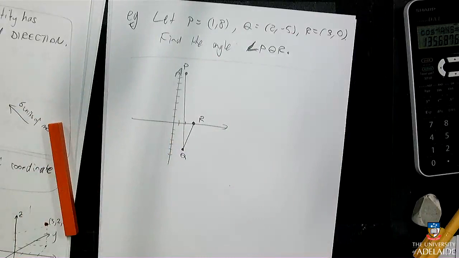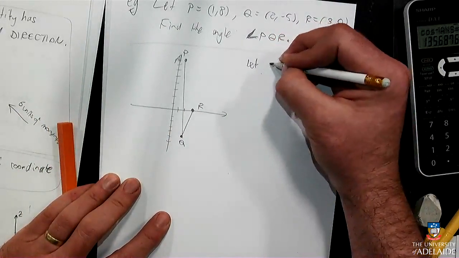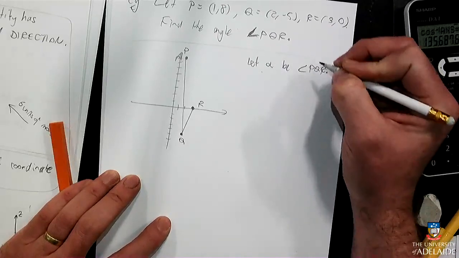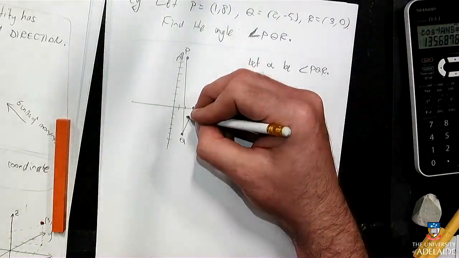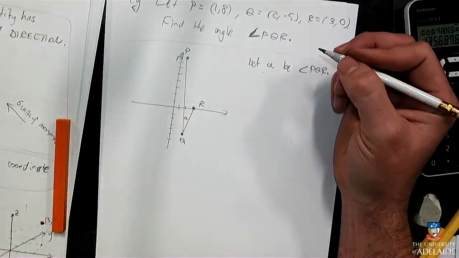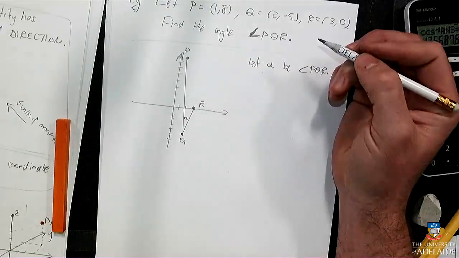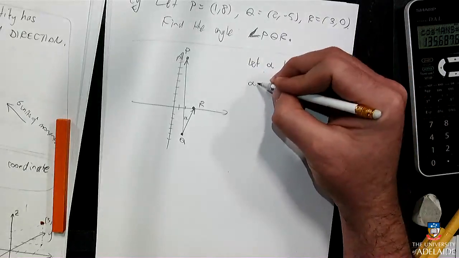I shall give that angle a name. So let's call it alpha today, the angle PQR. That angle is the angle between the vectors QP and QR, because I can draw them there.